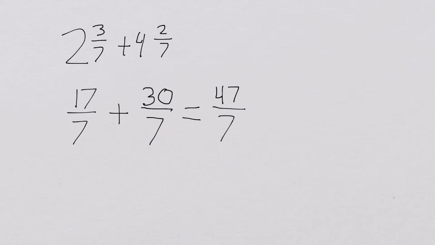So now that we have an improper fraction, we can convert 47/7 into a mixed number by dividing 47 by 7. So we start off with our dividing. 7 can't go into 4, but it can go into 47 6 times. 7 times 6 is 42.